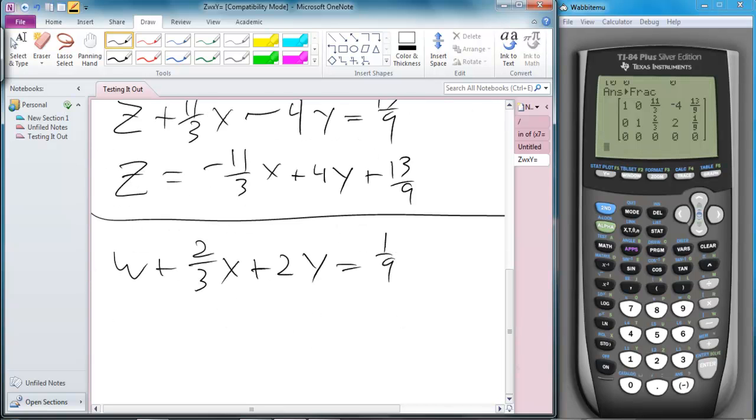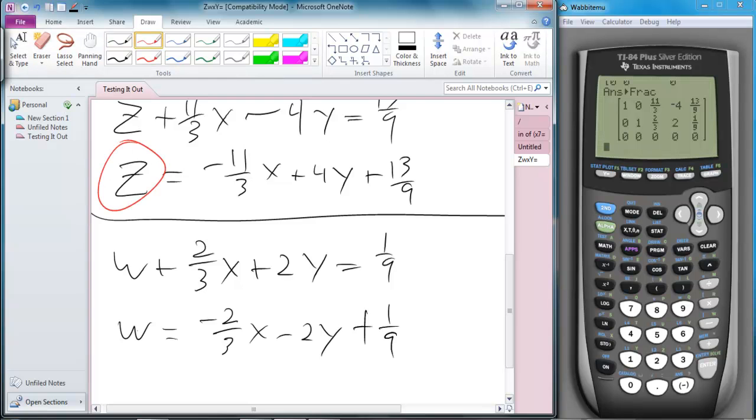So now, solving for w, so it's in terms of x and y, that gives me w equals -2 thirds x minus 2y plus 1/9. There we go. So there is both of my answers.